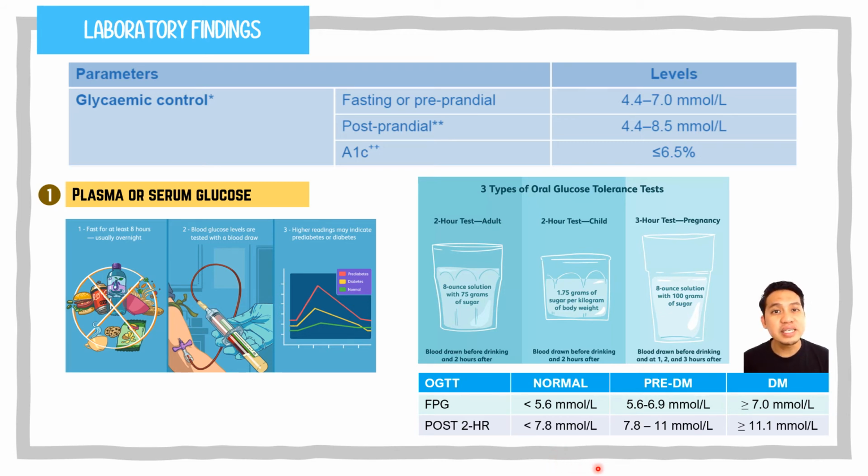A fasting value of 7.0 millimole per liter or higher, or a 2-hour value greater than 11.1 millimole per liter, is diagnosed as diabetes mellitus. Meanwhile, patients with a 2-hour value between 7.8 and 11.1 millimole per liter have impaired glucose tolerance.